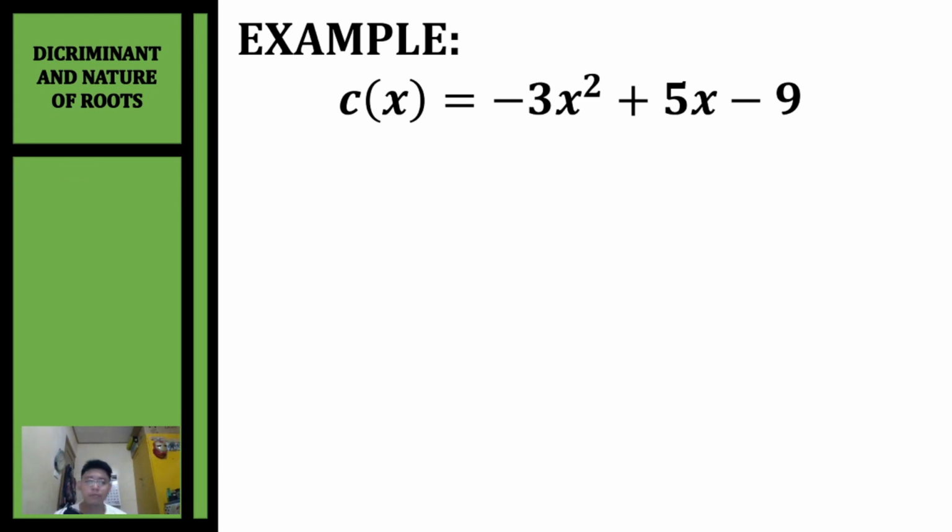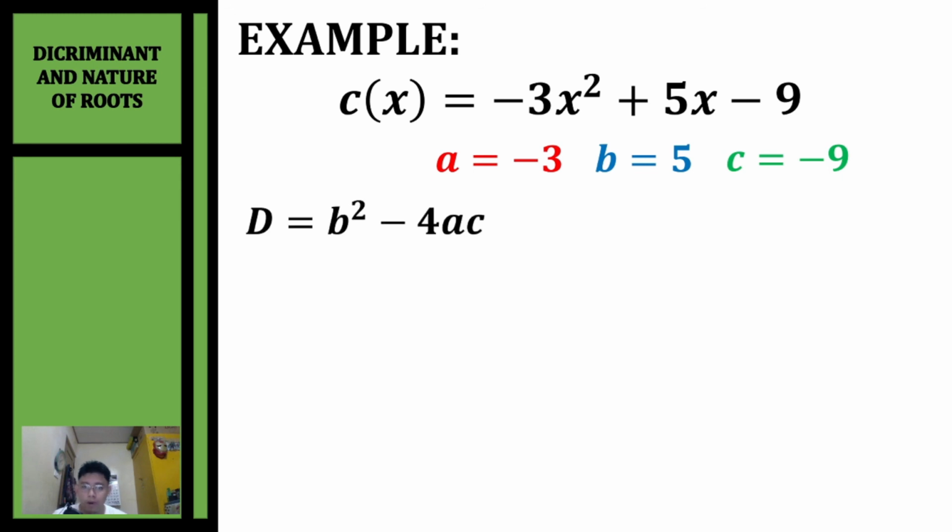We're going to find the discriminant and nature of roots of this quadratic function. First step is for us to find the discriminant by identifying our a, b, and c. Our a is -3, our b is 5, and c is -9. Let's substitute the values of a, b, and c to the formula of our discriminant, b squared minus 4ac, and then simplify.